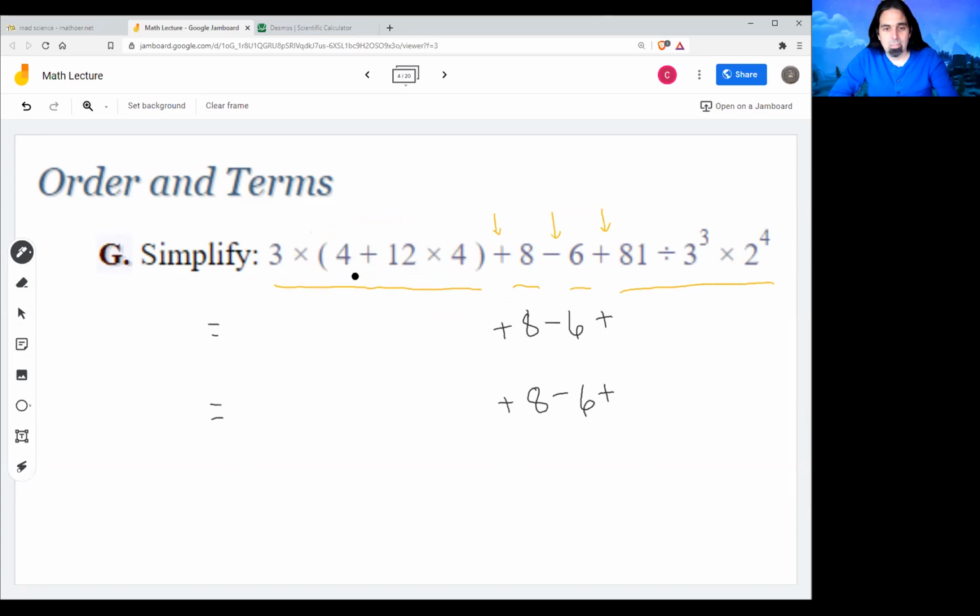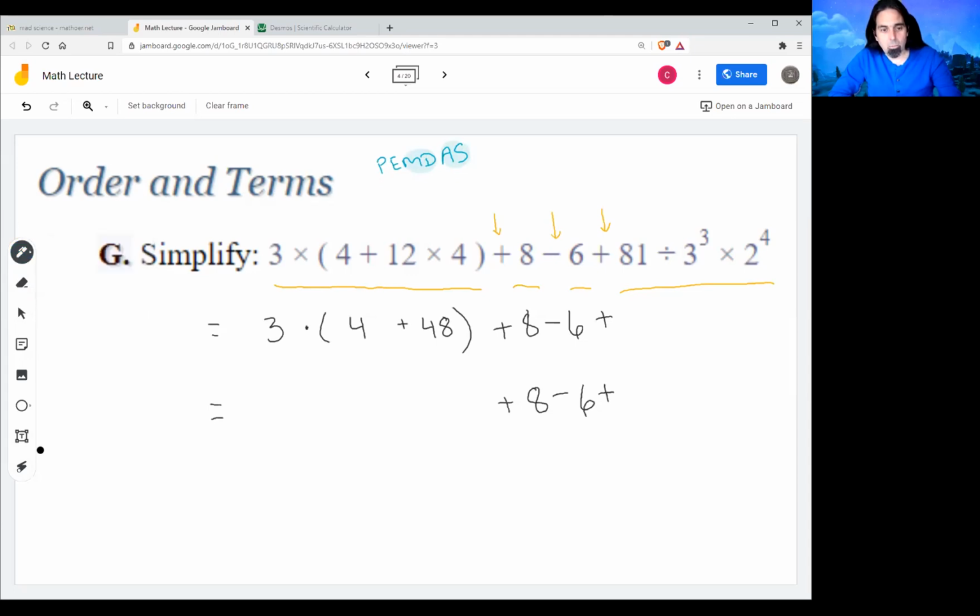4 times 12 is 48. So 4 plus 48. So let me talk a little more. You did perfect. Maybe you are thinking about PEMDAS, realizing that multiplication and division are actually one thing with the same priority left to right, and so are addition and subtraction.